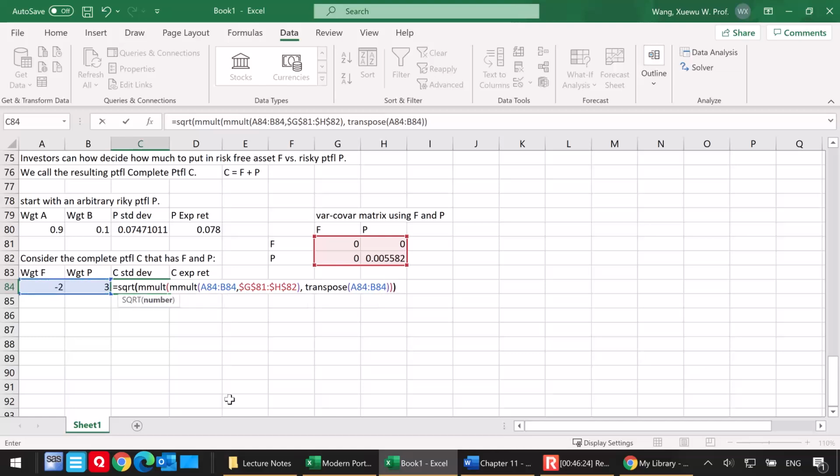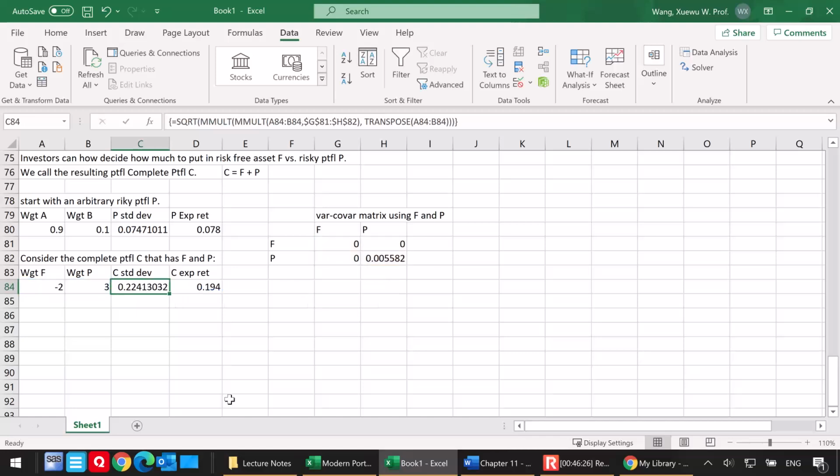If I do that, I get 22.41%. So yes, this is a very interesting complete portfolio because it has very good returns, but at the same time you are using so much leverage that it's very risky. The standard deviation is 22.41%.